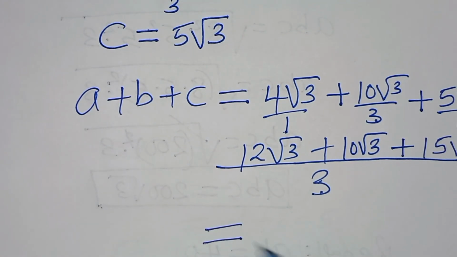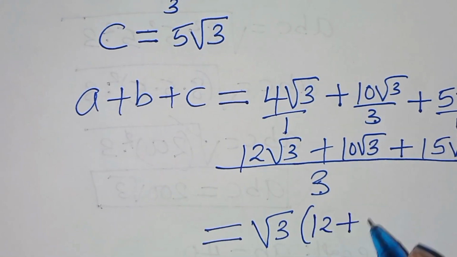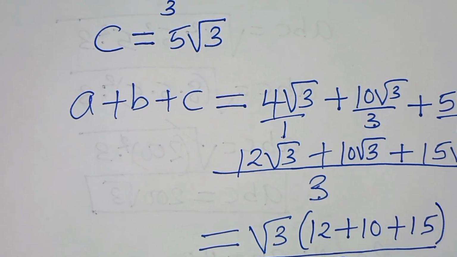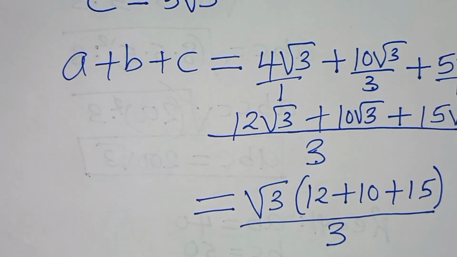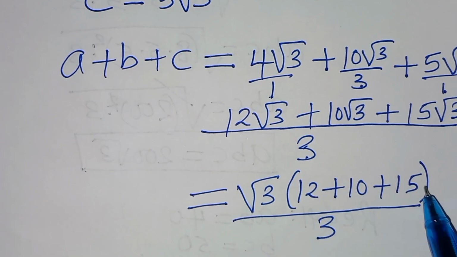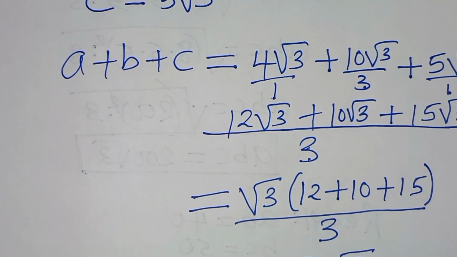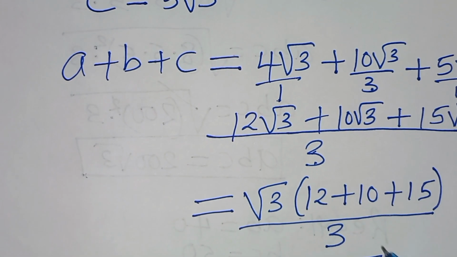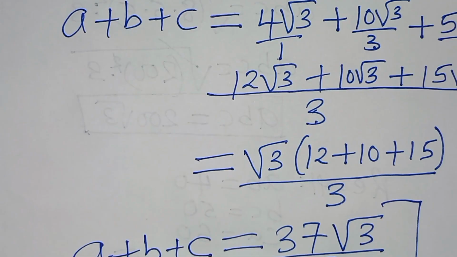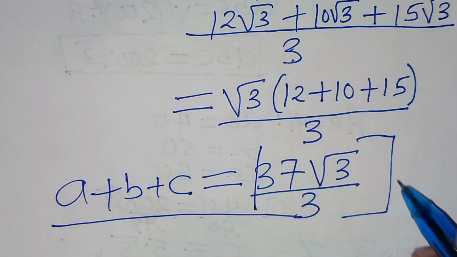Here square root of 3 is common, so we'll have 12 plus 10 plus 15, all divided by 3. 12 plus 10 is 22, plus 15 is 37 square root of 3 divided by 3. So this is the value of A plus B plus C. This is the solution to this algebra problem.